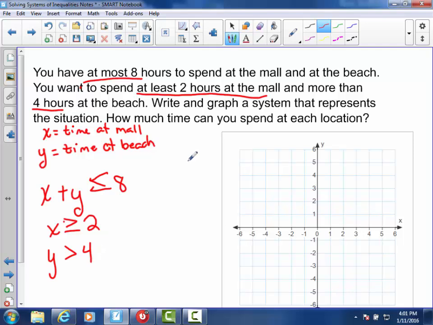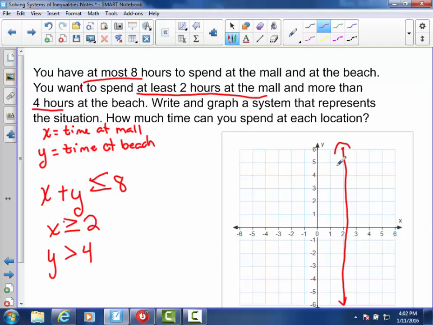All right. Now this is 3 inequalities, but it's still a system because it's in 2 variables, so we would want to graph these 3 lines to be able to graph the system. Okay, the x is greater than or equal to 2. That's pretty easy. We just draw a vertical line at 2.